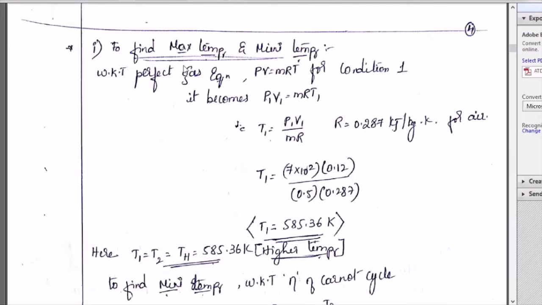Sorry for the inconvenience. We have to find out the maximum temperature and minimum temperature.